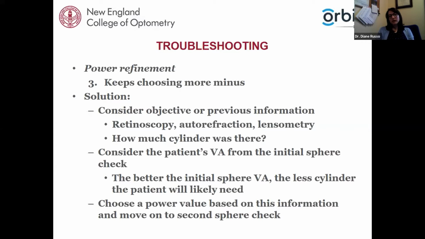So if after the initial sphere check, the patient's vision is 20/30, and the patient keeps wanting more and more and more minus, and it's much more than what they previously preferred, then you have to question, I don't think that they really need all of this, because if their vision was already 20/30 to start, we probably don't need to add multiple diopters of cylindrical correction in order to improve their vision to 20/20.